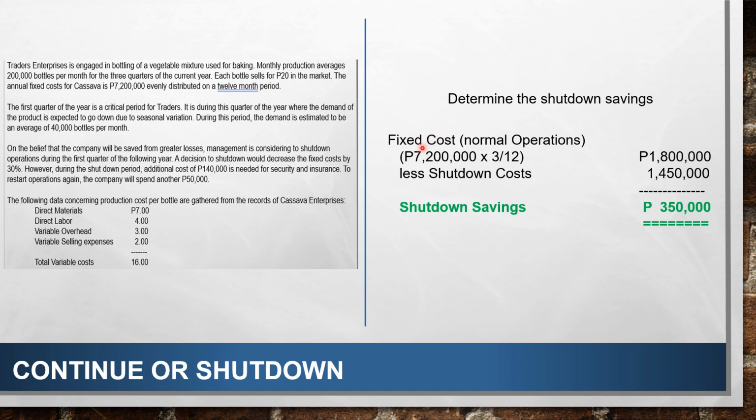If we continue our normal operation, our fixed cost for that quarter will be 1.8 million. If we shut down for that quarter, we will incur only the shutdown cost of 1,450,000. Therefore, if we shut down, we can save 350,000 in terms of fixed cost. So this is our shutdown savings.